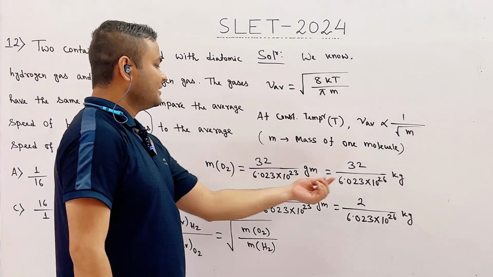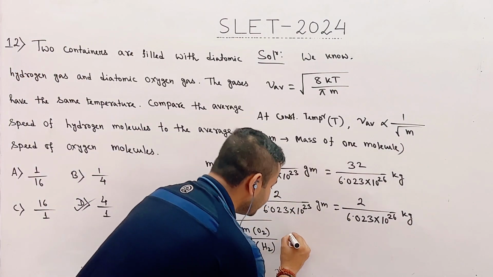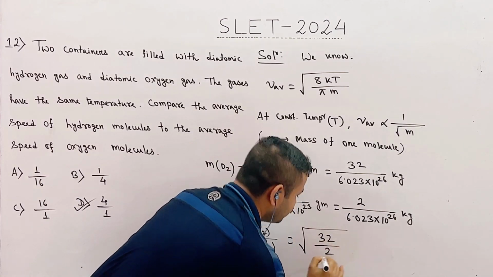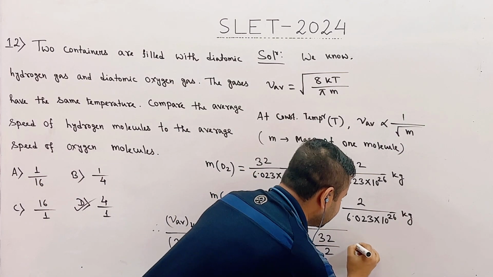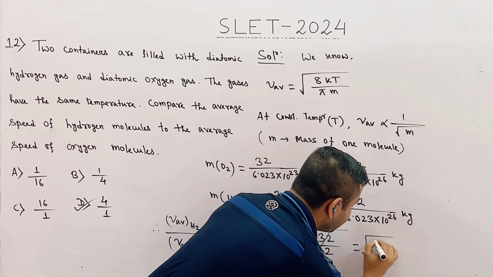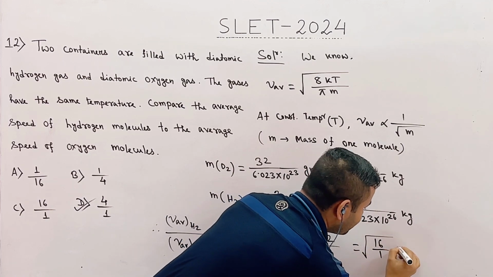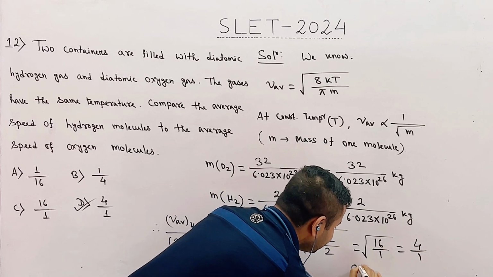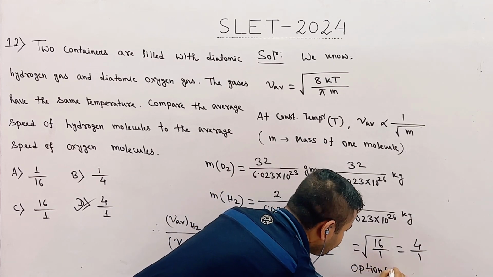If we divide this term by this term, we will get root over 32 divided by 2. So, after simplification, we will get root over 16 by 1, which is equal to 4 by 1. So, therefore, the correct answer is option D.